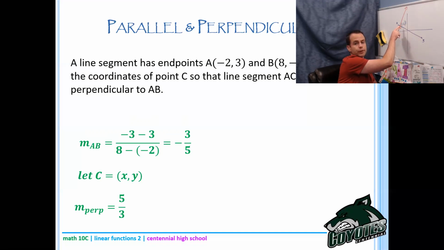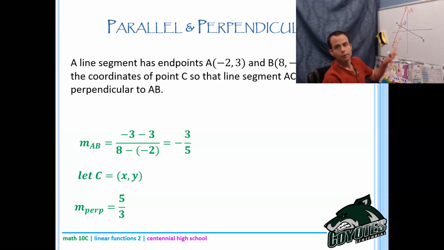And over 3, the -2 would turn into a 1. Okay, so up 5/3, I might have the point (1, 8). Or I could go down 5, back 3. So if I went down 5, I'd be at -2. Back 3, I'd be at -5. So that might be (-5, -2).